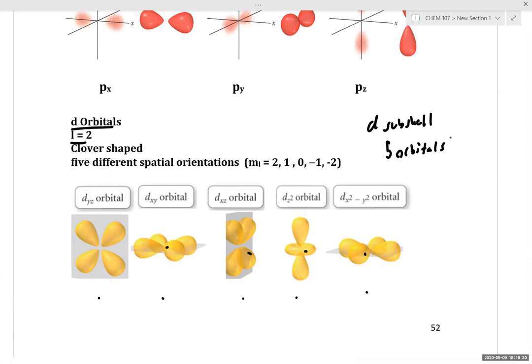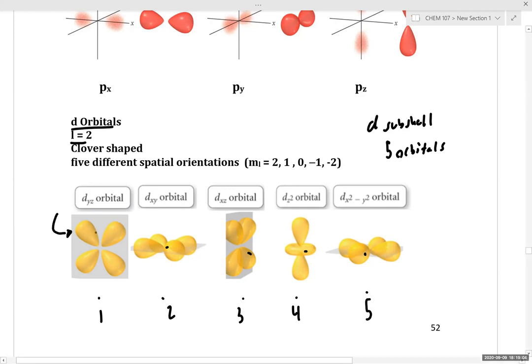Does this make sense to everyone? Professor, when you say 5, what are you counting? Those yellow things? We're counting the number of unique orbital pictures. So we have 5 unique orbital pictures, so we have a total of 5 orbitals. An orbital is this picture shown here, which describes the region of space where an electron is likely to be present.